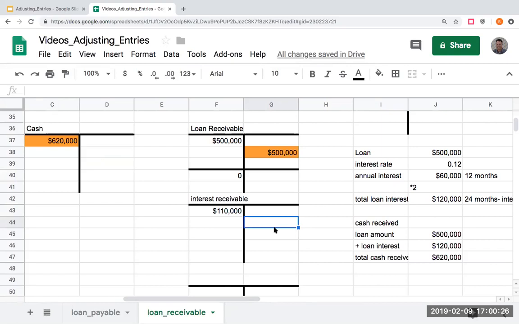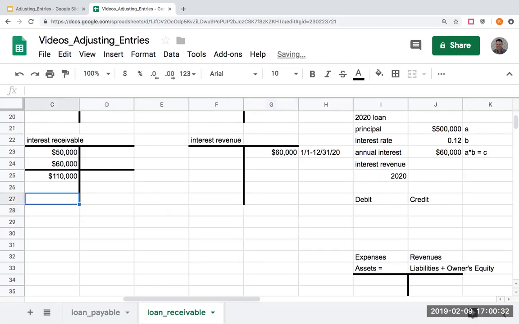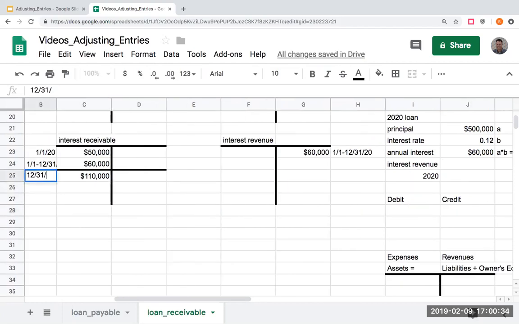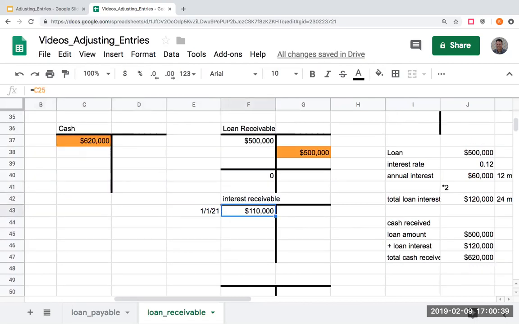For the interest receivable, as of 1/1/21, my ending balance of $110,000 became my beginning balance over here. And my loan receivable balance was all the way back from 3/1/19. And this loan is being paid off on 2/28/21.